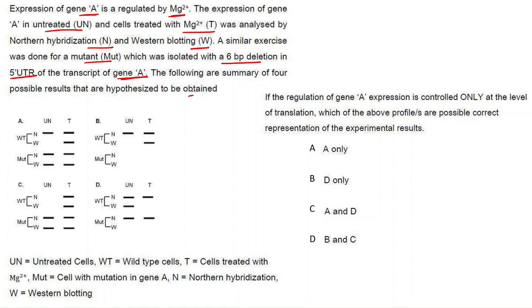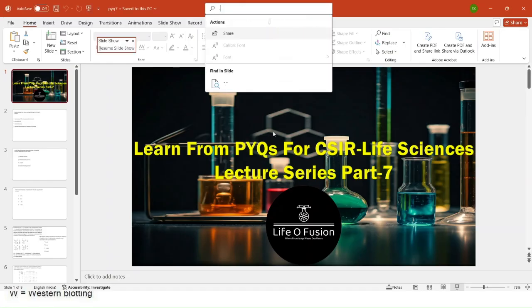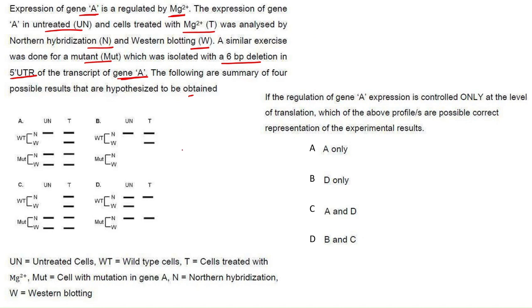Is it clear now? So the question states that the expression of gene A is regulated by Mg2+. So what is the role of Mg2+ in the gene and in the protein?